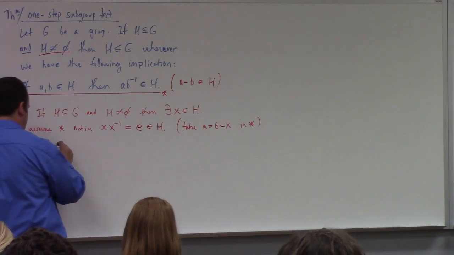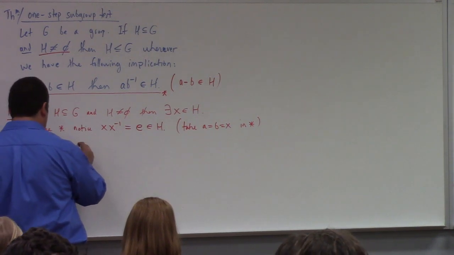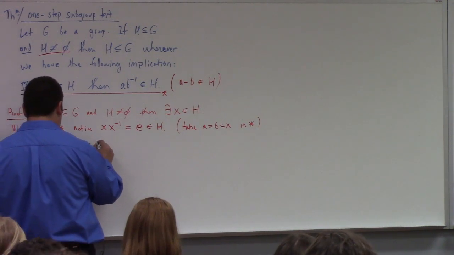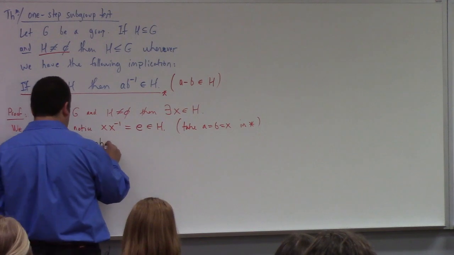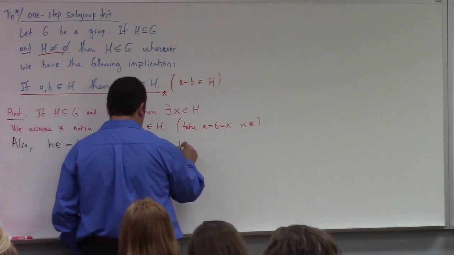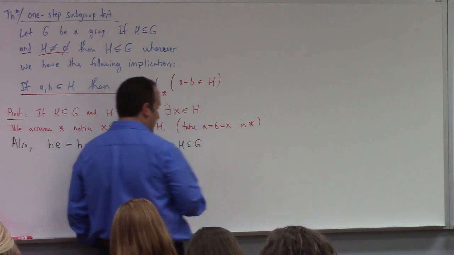if you look at HE, it's equal to H, and that's equal to EH for all H in H, since H is a subgroup of G, right?